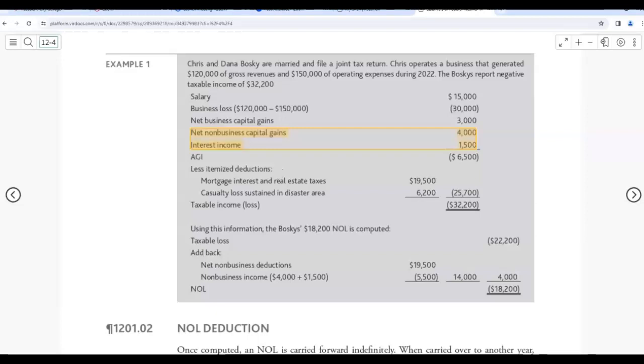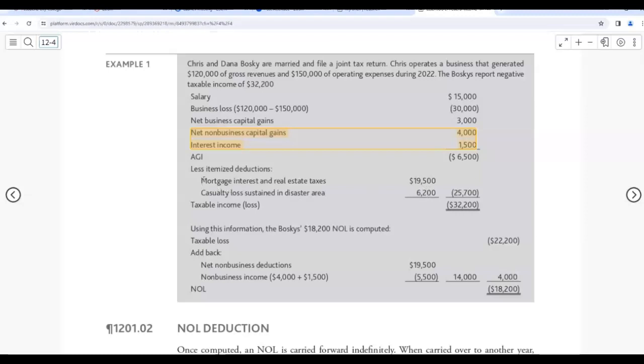This family of two, married filing jointly, did itemized deduction, which is mortgage interest and real estate of 19,500, and something that normally is not permitted until end of 2025, unless it is a declared disaster area. So in this case, on Schedule A, they have a casualty loss sustained in a disaster area, and because of that, they are permitted to put it in Schedule A, and that's $6,200.